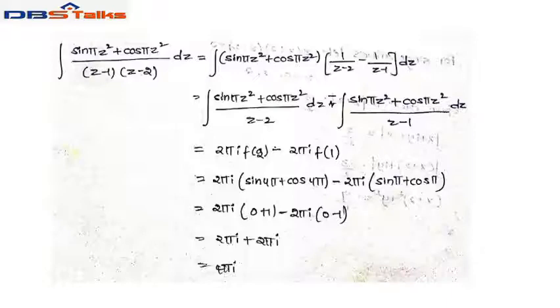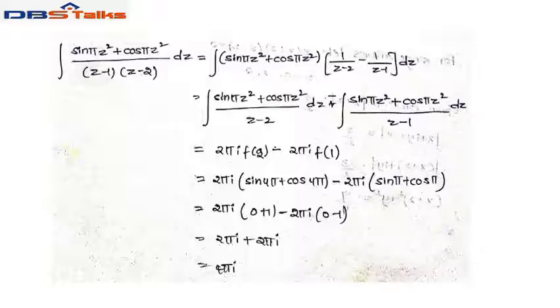So, 1 by (z minus 1) into (z minus 2) is divided using observation or partial fractions into two parts: 1 by (z minus 2) minus 1 by (z minus 1). So, the integration is divided into two parts. First one is the integral of (sin pi z square plus cos pi z square) by (z minus 2) dz minus the integral of (sin pi z square plus cos pi z square) by (z minus 1) dz.